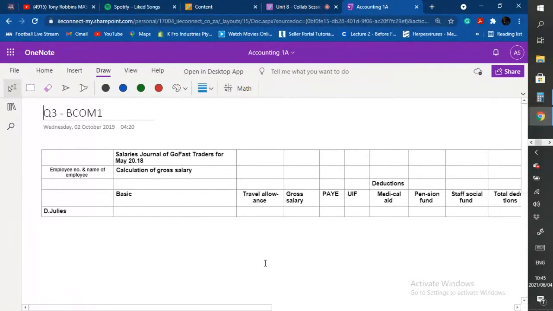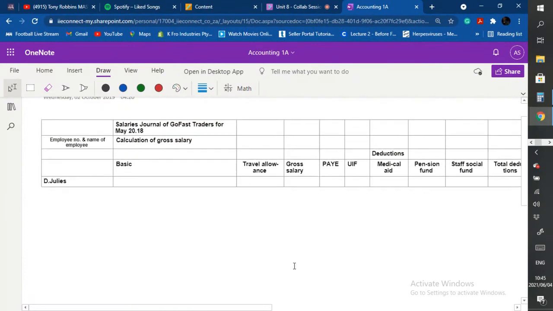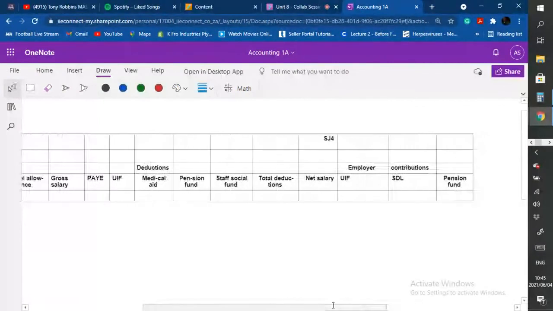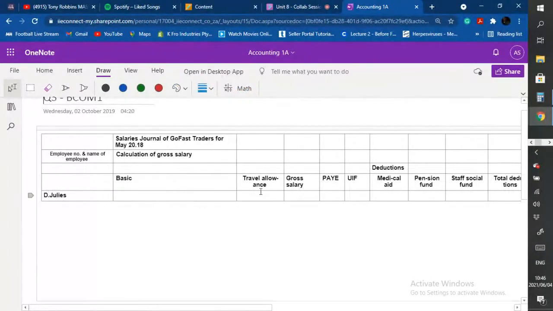We're only operating with whole numbers. So what we're doing right now is actually your pay slip. This is what it would look like. These are the deductions that we are then having on one's pay slip.